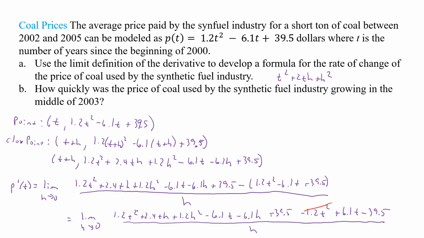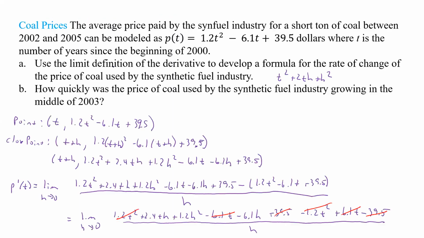Now let's cancel some stuff. Looks like this will cancel this. 6.1t will cancel 6.1t, and 39.5 and 39.5. And I think that's all. So now I have to remember all that and put that on the next page because I don't have enough room here.